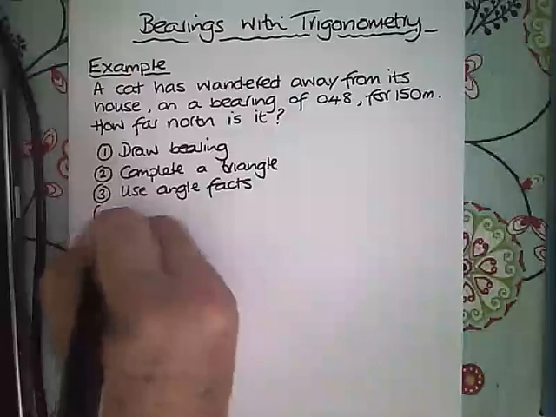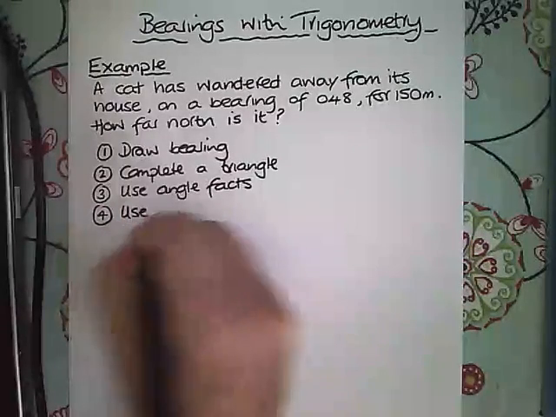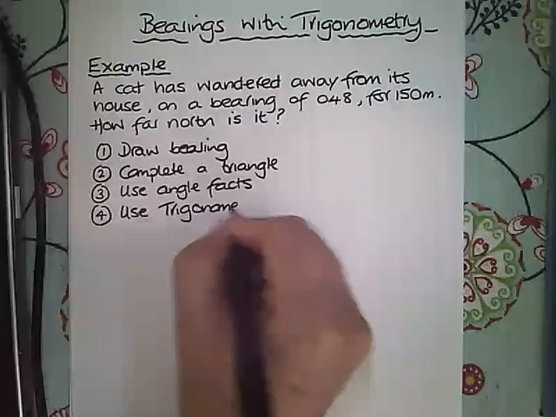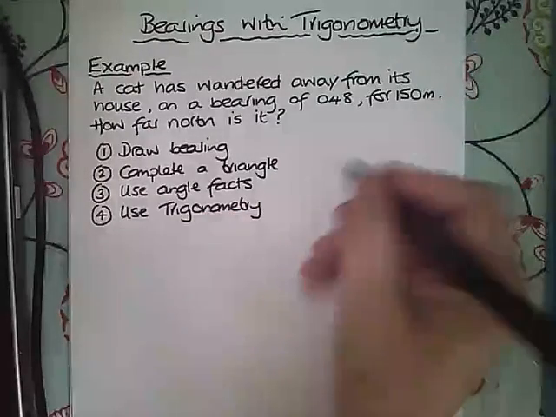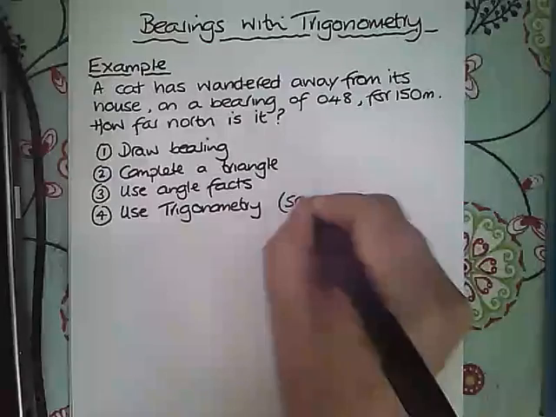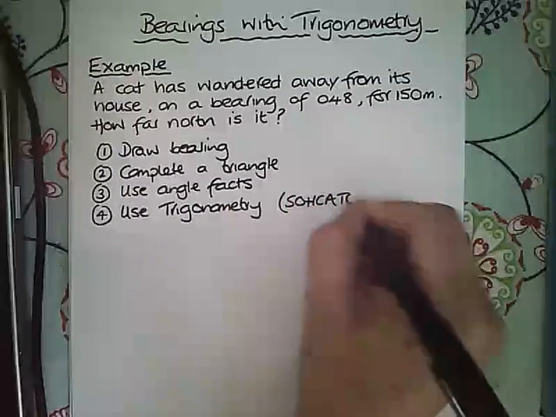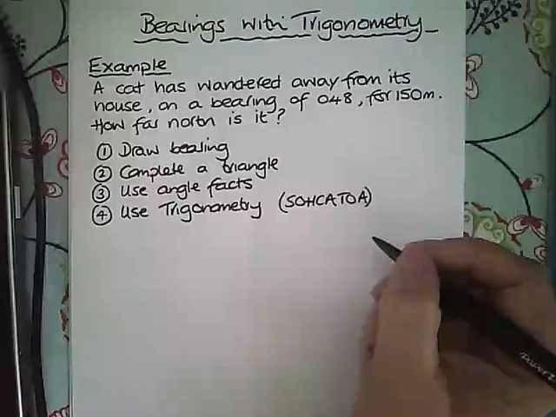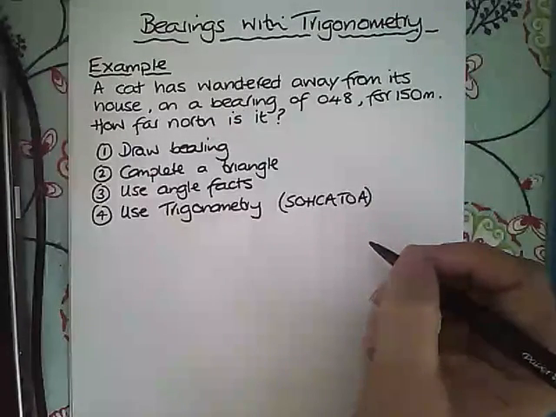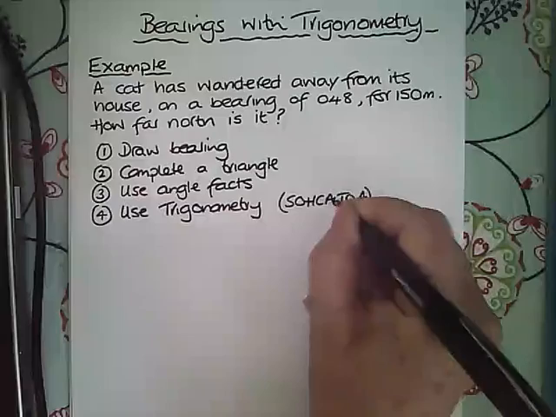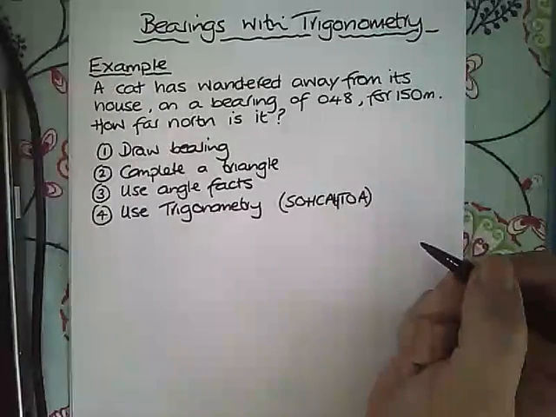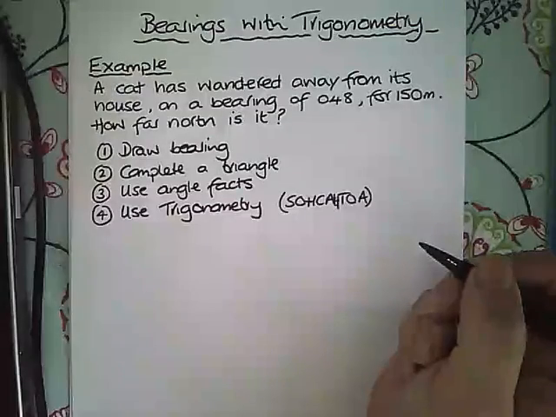And the fourth is to use trigonometry. And the reason we can use trigonometry, SOHCAHTOA, is because north, south, east and west are at right angles to each other. So we can easily put a right angled triangle in when we're using north, south, east and west.